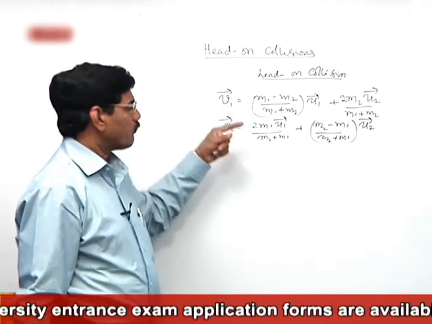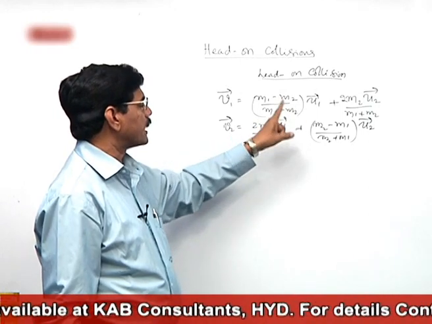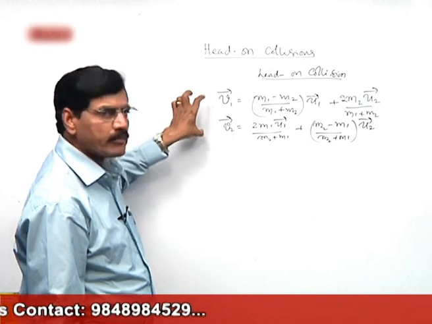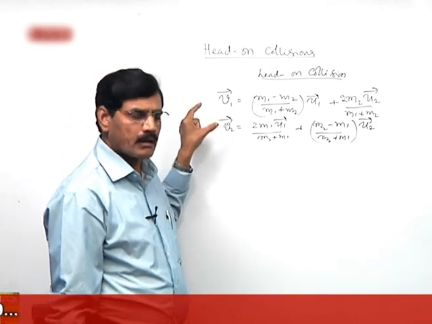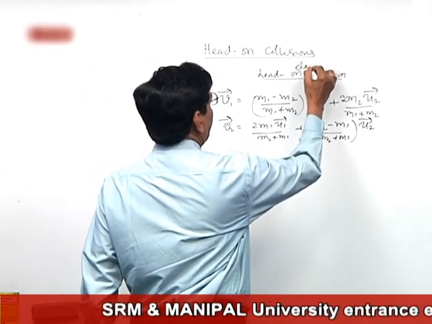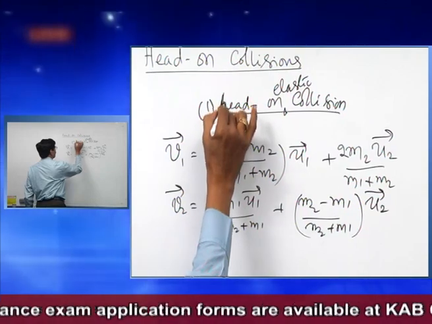Once you are able to write the first equation, by interchanging the subscripts we will be able to write the second equation. This equation can be used for head-on elastic collision only; it is valid only for head-on elastic collision.